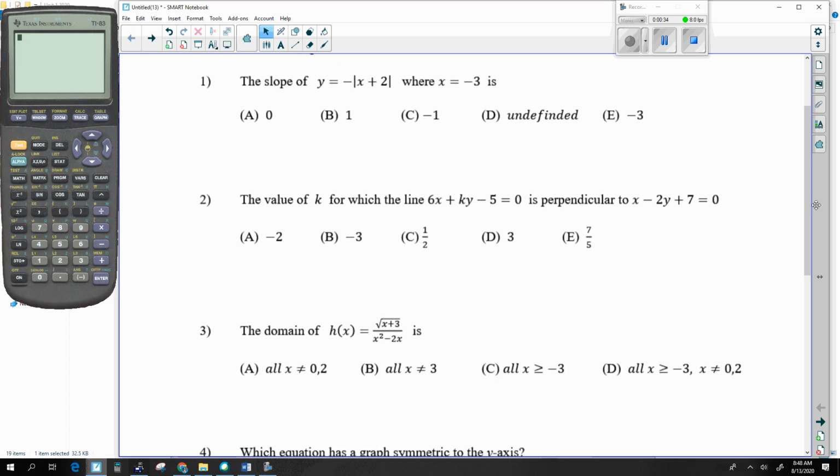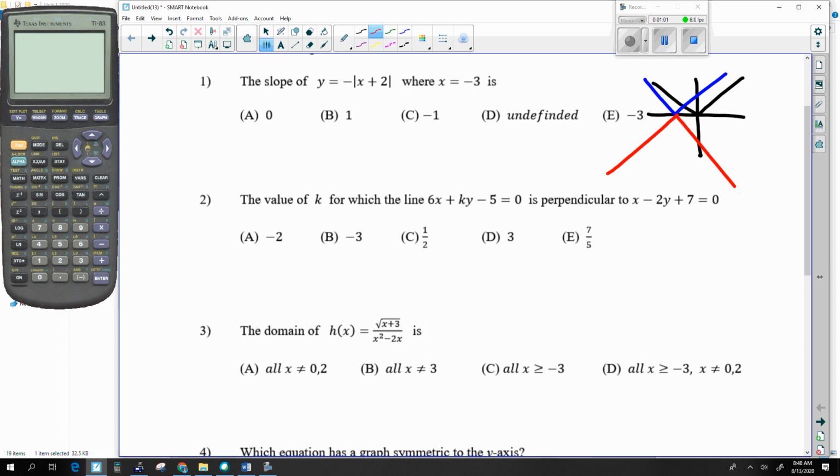So number one is, what is the slope of this negative absolute value where x is equal to -3? All right, so I know that an absolute value itself looks like a V. Now, how do these manipulations affect it? Well, the x plus 2 moves it to the left 2. So it looks something like that. And then the negative on the outside makes it upside down.